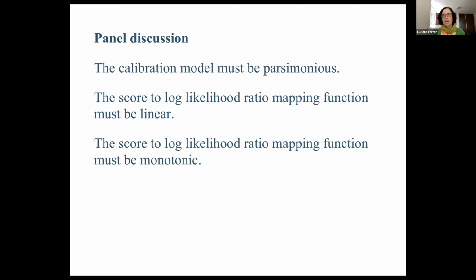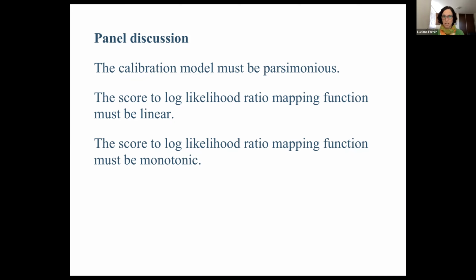For example, think of fitting two Gaussians, one for the impostor distribution and one for the target distribution, or same speaker and different speakers, with different standard deviations. That would lead to a non-monotonic model, and it's totally reasonable to do the transformation into a calibrated model that way.